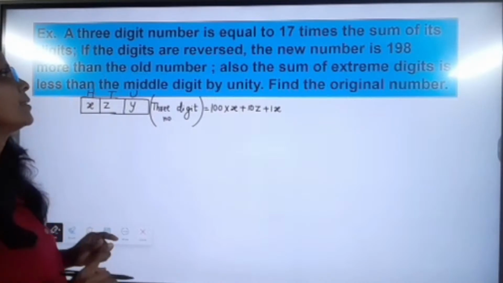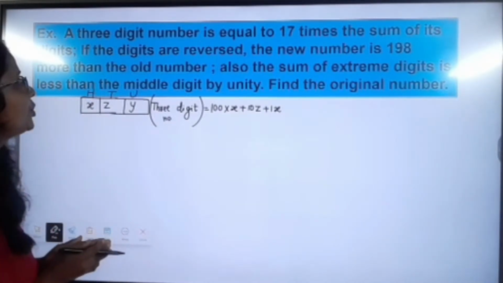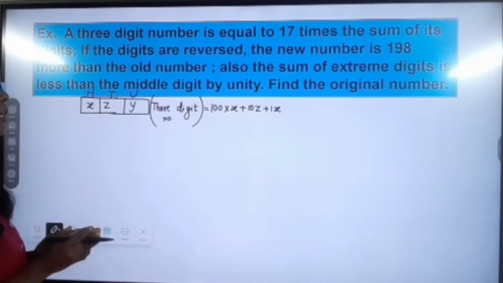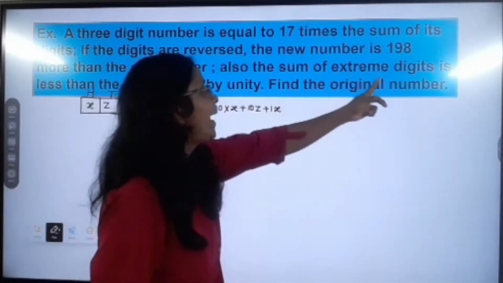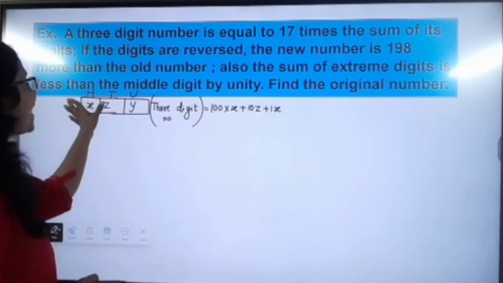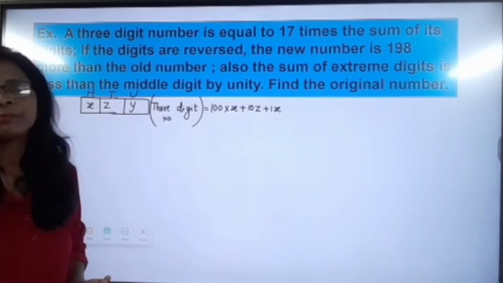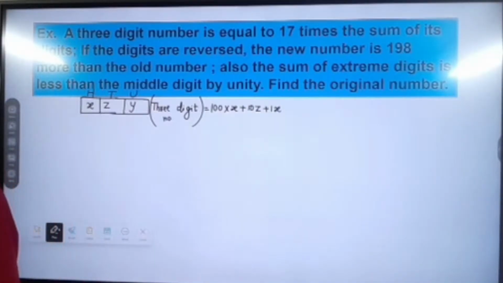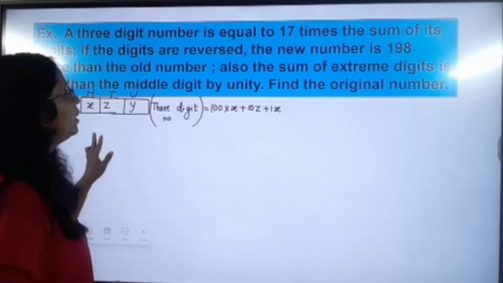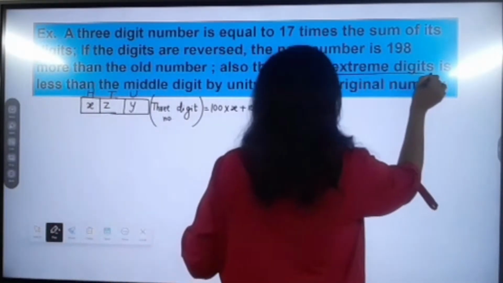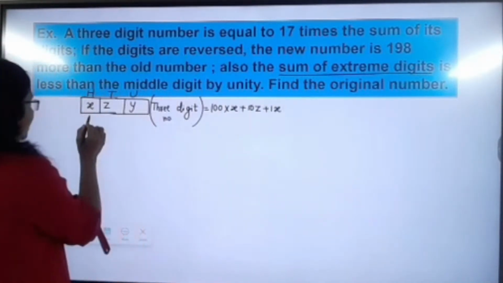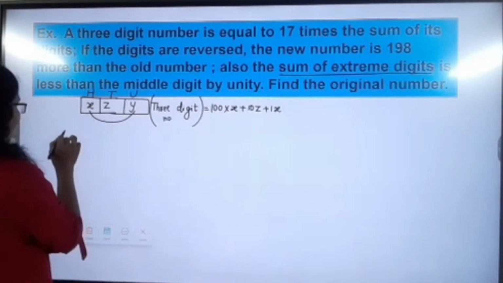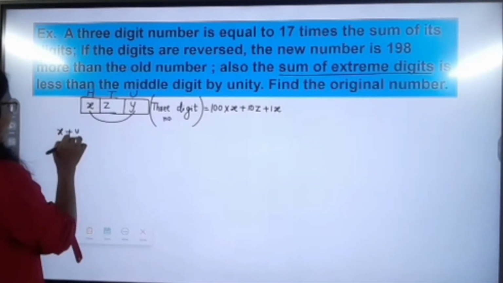Now, students, the consideration is that the sum of the extreme digits is less than the middle digit by unity. How can we write that condition? The extreme digits are x and y, and their sum is x plus y.